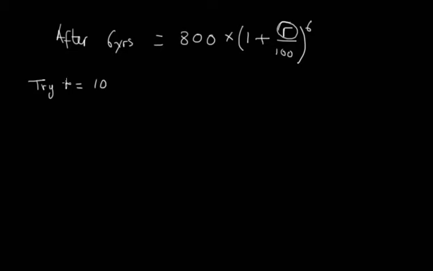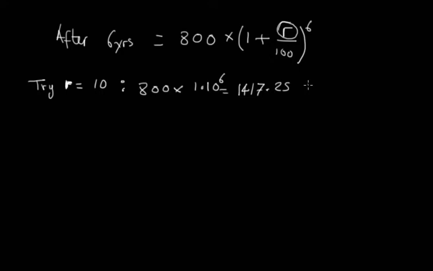That'd be saying that our interest is 10%, which is pretty generous. So if we slot all the figures in, 800 times 1.10 to the power 6, we get 1417.25.